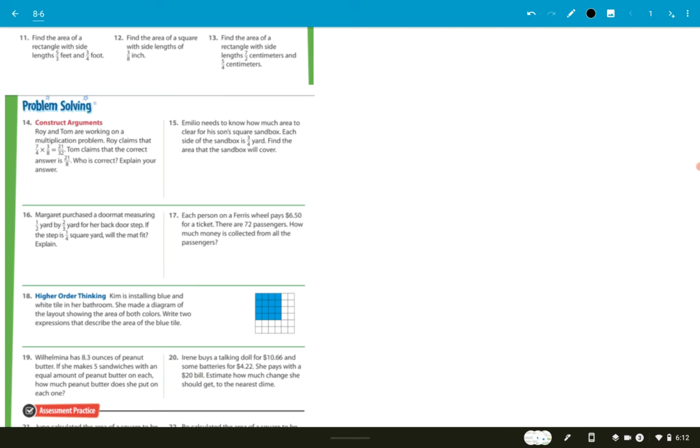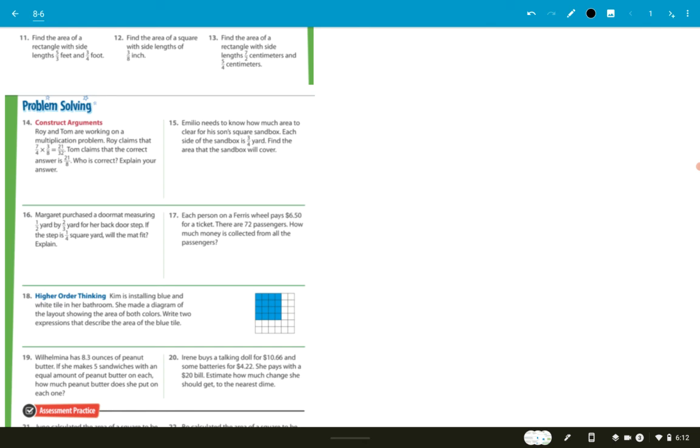Okay, 14. Roy and Tom are working on a multiplication problem. Roy claims that 7/4 times 3/8 is 21/32. Tom claims that the correct answer is 21/8. Okay, Tom has hit his head.